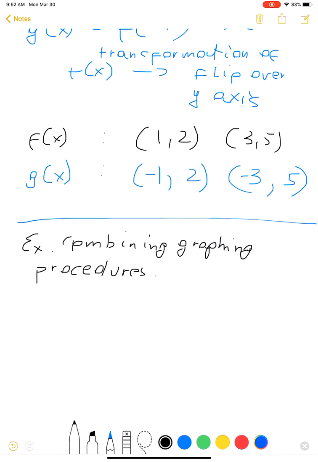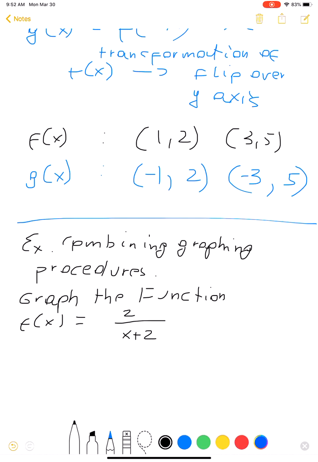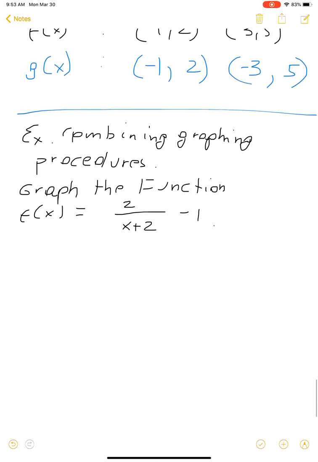Graph the function f of x equals 2 over x plus 2, minus 1. Find the domain and range. I will skip the domain and range. I just want to talk about the transformation.